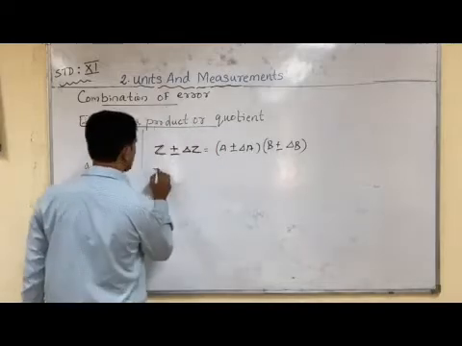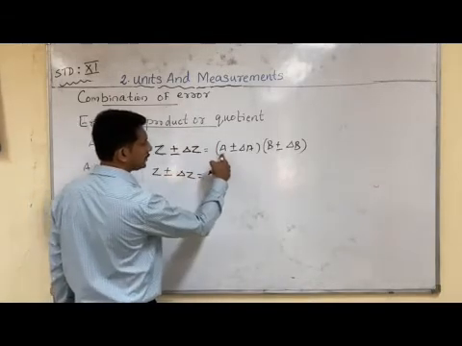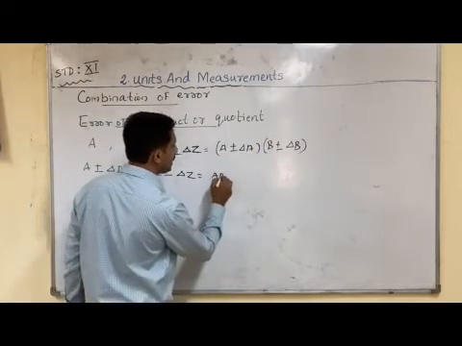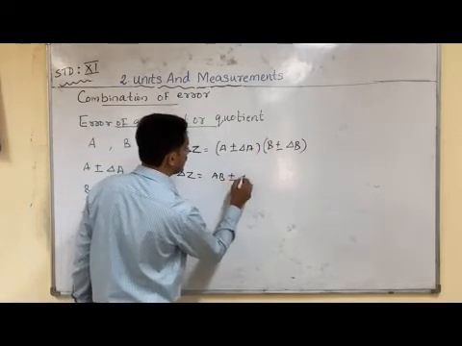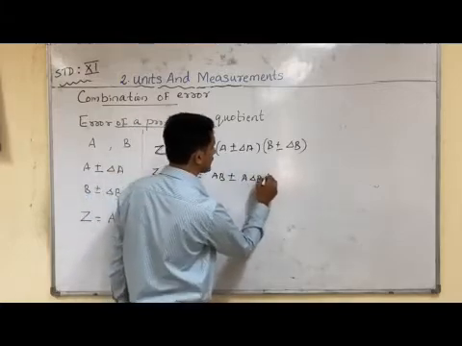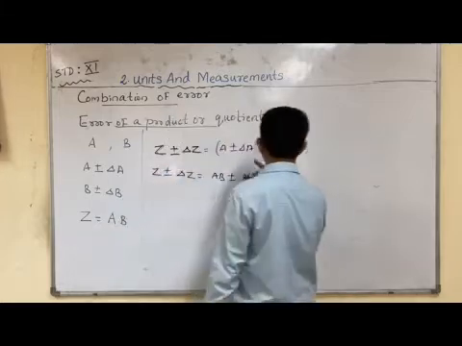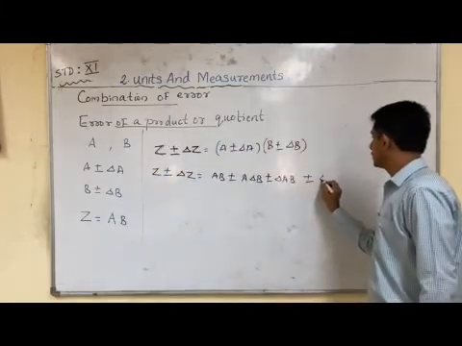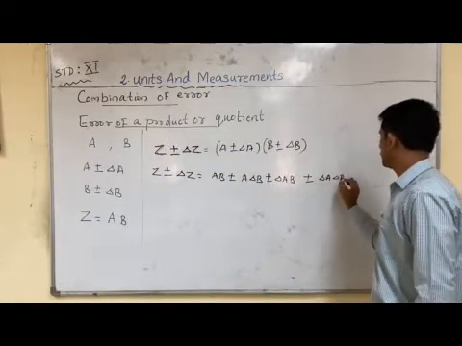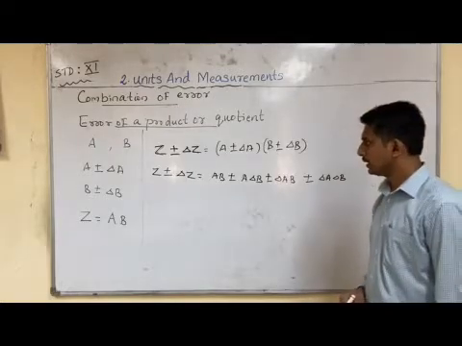So Z plus or minus delta Z is equal to A into B, then plus or minus A into delta B. Now we can carry out the operation, plus or minus delta A into B, then plus or minus delta A delta B. This way we can represent this process of multiplication.